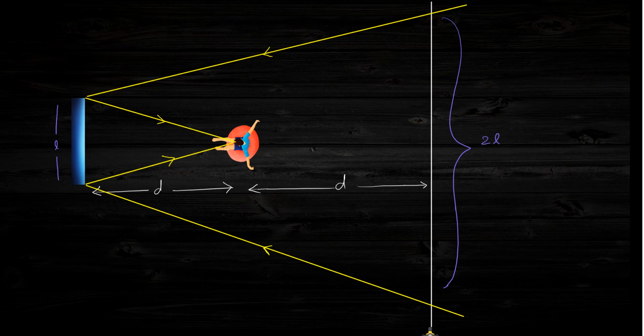The reason for that is simply this. I'll construct a dotted line over here. So if this is X and this is Y, I'll construct a dotted line over here like so. Okay, it will not be 2L, it will be more than 2L.